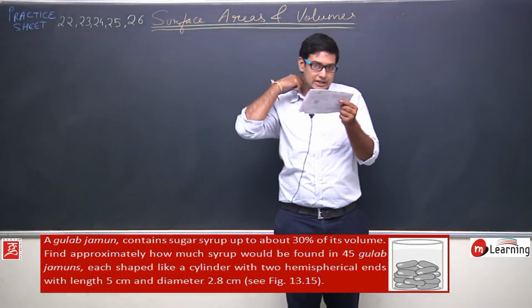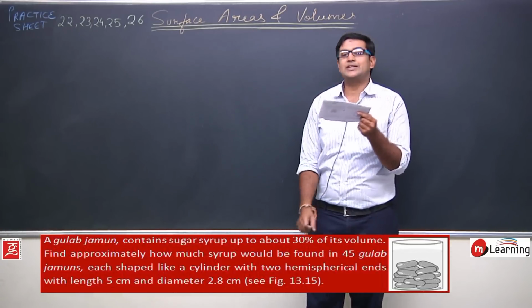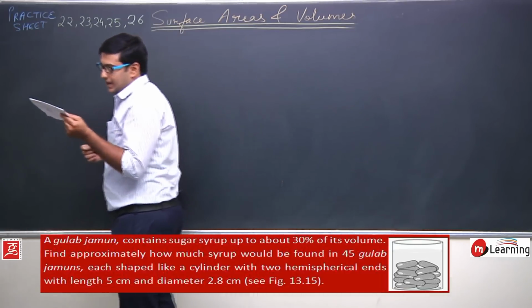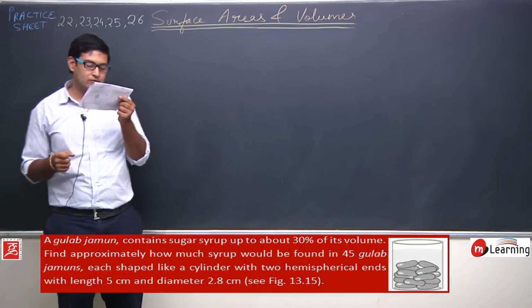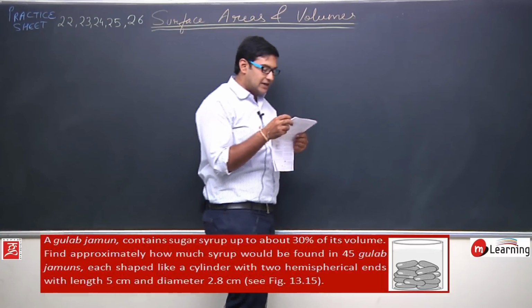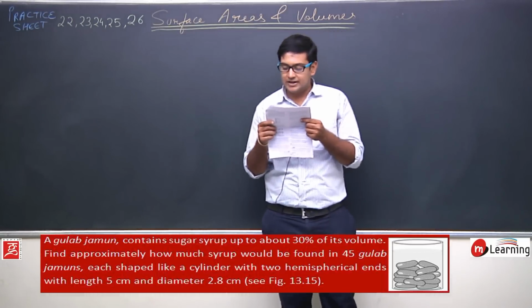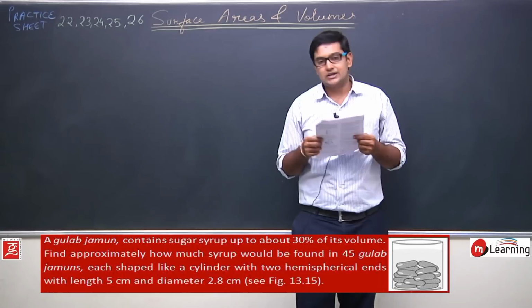Find approximately how much syrup would be found in 45 gulab jamuns, each shaped like a cylinder with two hemispherical ends, with length 5 centimeter and the diameter as 2.8 centimeters.